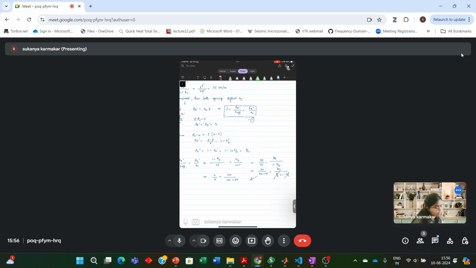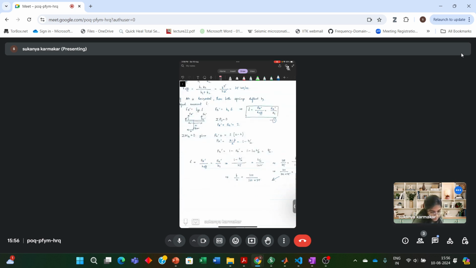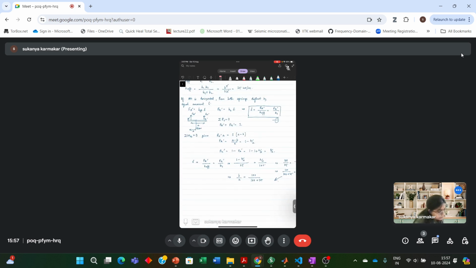So from here, I get this, right? So once I get this B by A ratio, I can calculate Fa dash and Fb dash. So Fb dash is 0.8 kilonewton. Fa dash is 0.2 kilonewton.